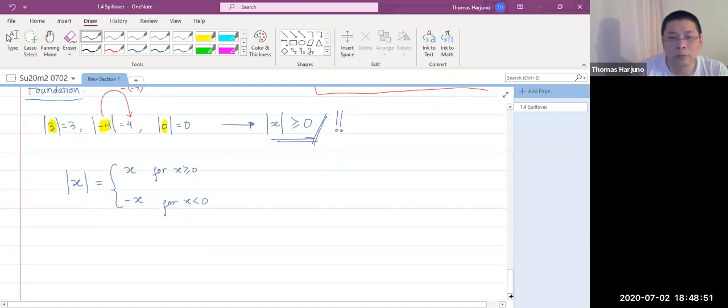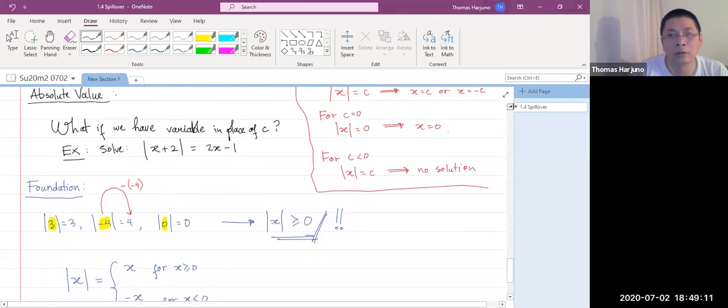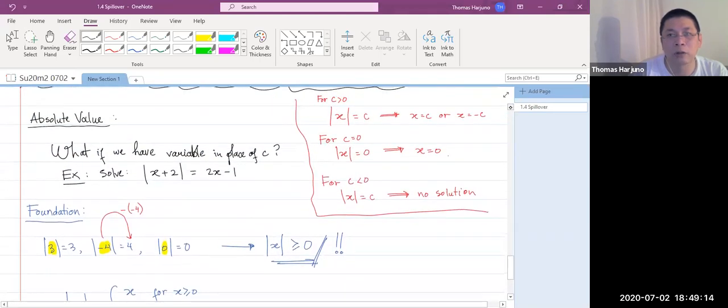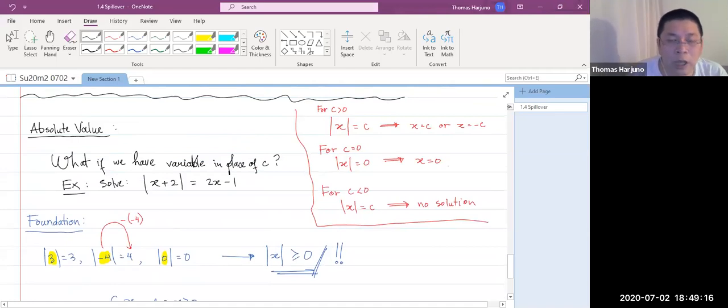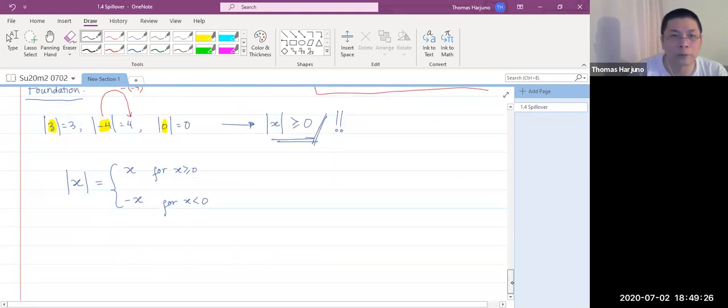As we go on, we will use this idea in more complicated settings. If you think you don't know what to do, then this is how you settle it. That's the technique we use in pre-calculus. When you deal with absolute value and you cannot just handle it the regular way, the way we did up here in the red color, in other words, the other side of the absolute value is not a constant, therefore we cannot decide what to do, then we do the following.